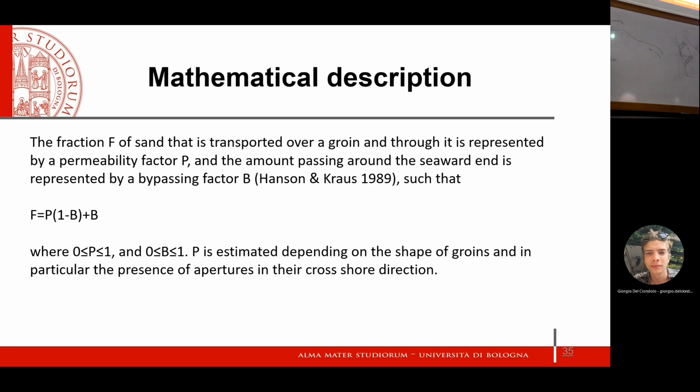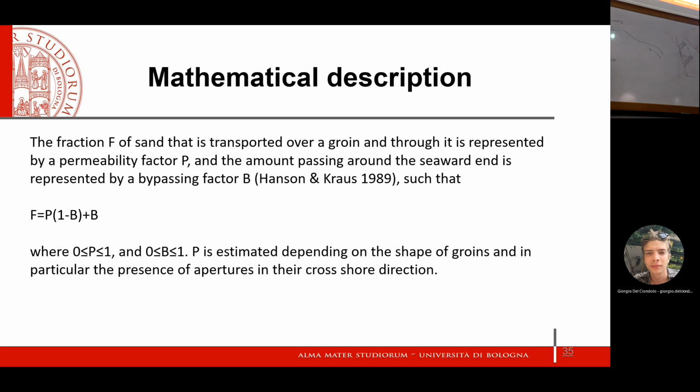The fraction F of sand that is transported over a groin, so downdrift of a groin, not over meaning above, but over meaning downdrift, and through, because we allow for permeability, is represented by a permeability factor P. And the amount passing around the seaward end is, okay, so over a groin probably it includes, but I don't think it is a correct way of saying that, even if I wrote it.